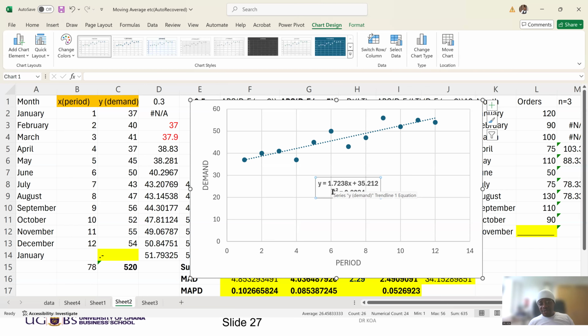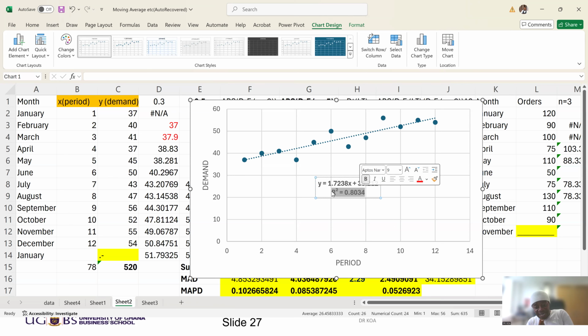The R-squared value here, you will learn this next semester. The R-squared value is called the coefficient of determination. It tells you the proportion of explanation that the independent variable provides for the dependent variable.